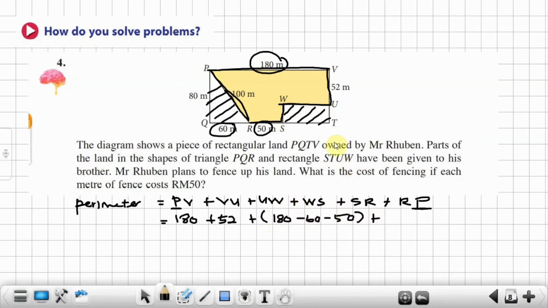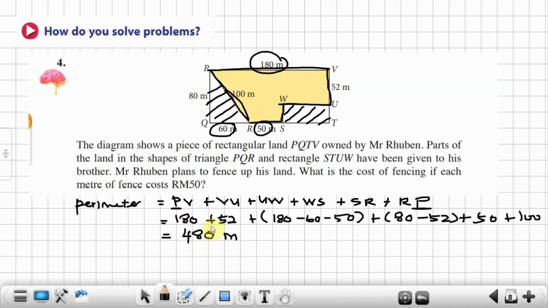Then WS here is 80 minus 52. Then SR is 50 and RP is 100. The total is 480 meter. So this is the perimeter, the total length of Mr. Ruben's land.